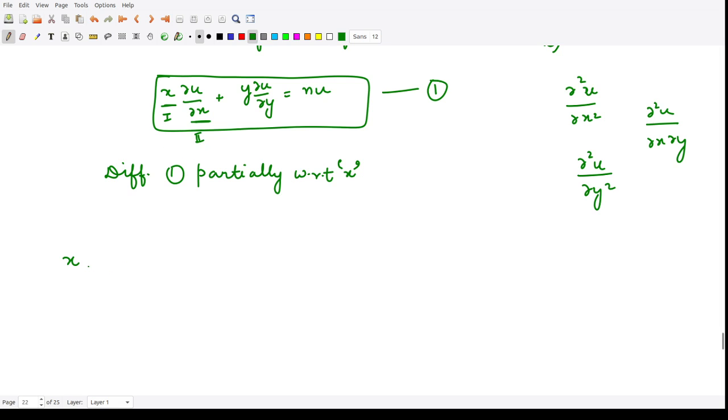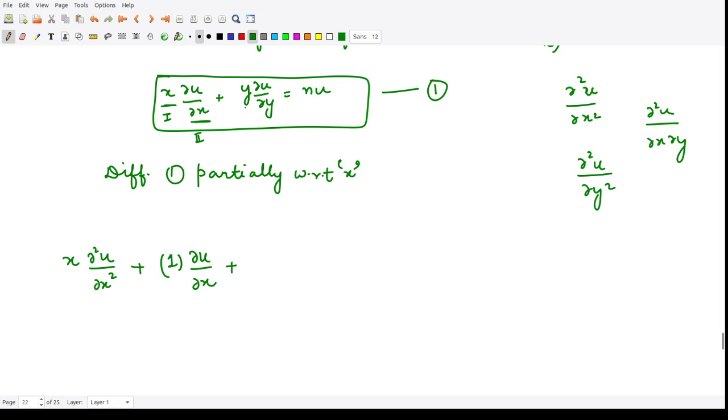Applying the product rule, we have x as such, the derivative of u with respect to x partially, so it would be del 2 u by del x2, plus the derivative of the first function, that is 1, and the second function as such, del u by del x.